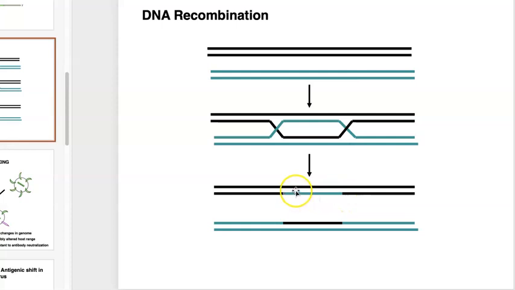You've got to remember that it doesn't have to be a 100% match here. It's just close enough to keep it stitched together long enough so that when this is replicated, the daughter strand that comes from this will be very closely aligned to it, 100% aligned to it.